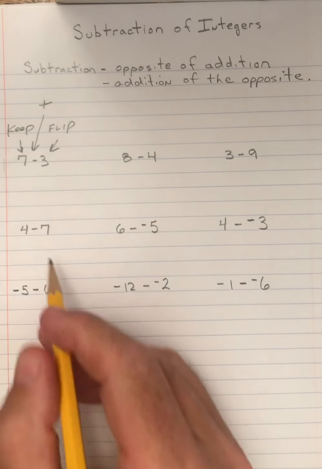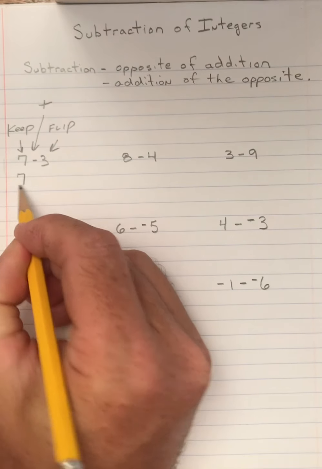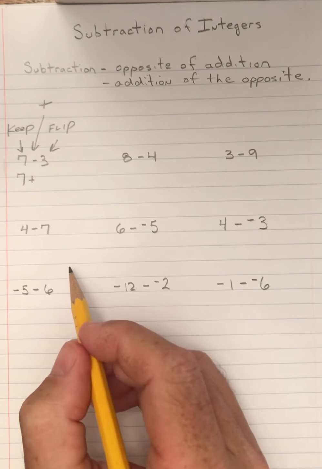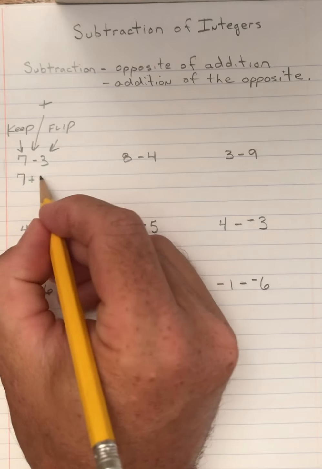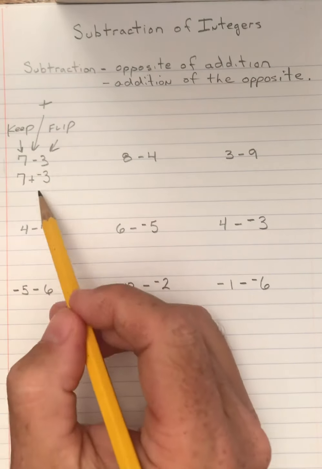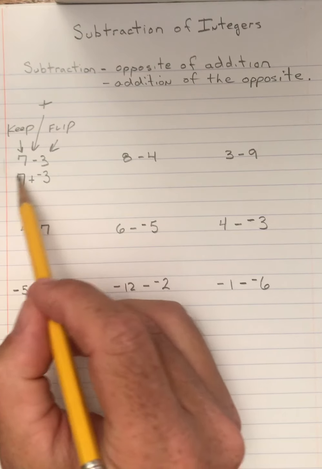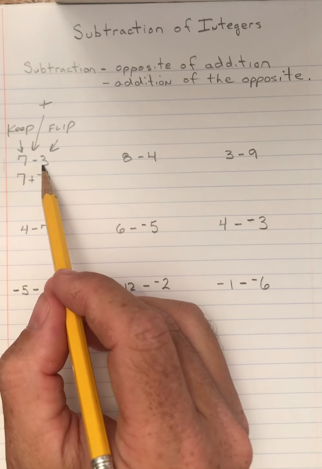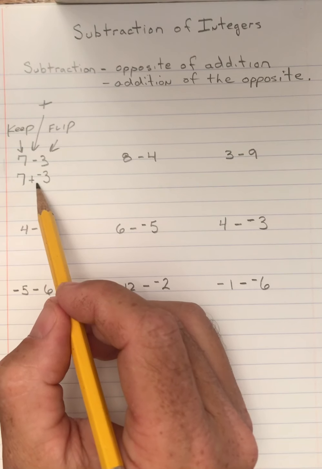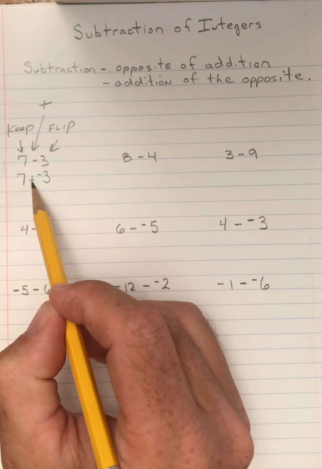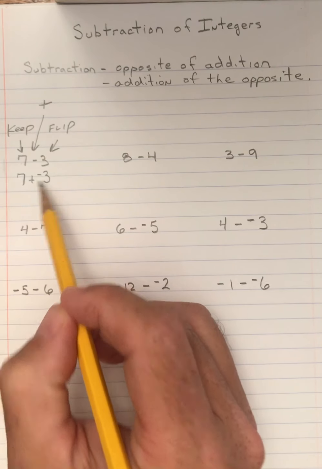So when I change this, I end up keeping the 7, changing this to addition, and I flip the sign of the second number to -3. Please note that you're going to get the same answer. You know from addition rules that this is going to be 4 also. So every subtraction problem is going to be changed into an addition problem by using keep, change the subtraction, and flip the second number.